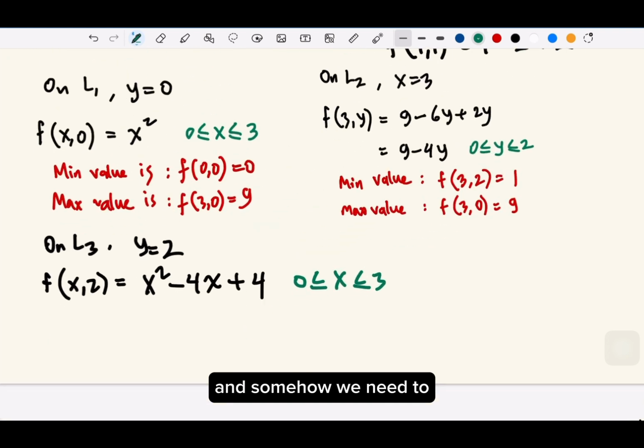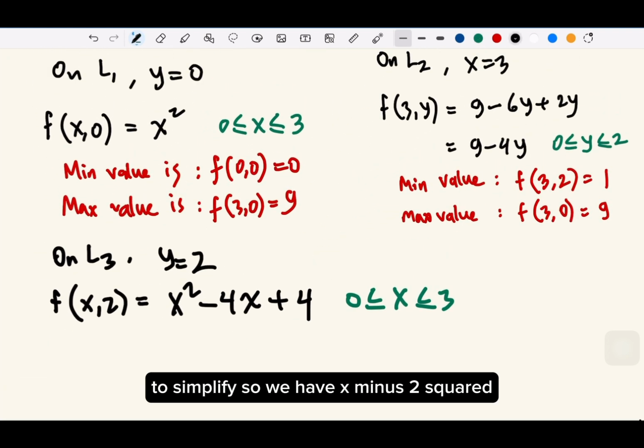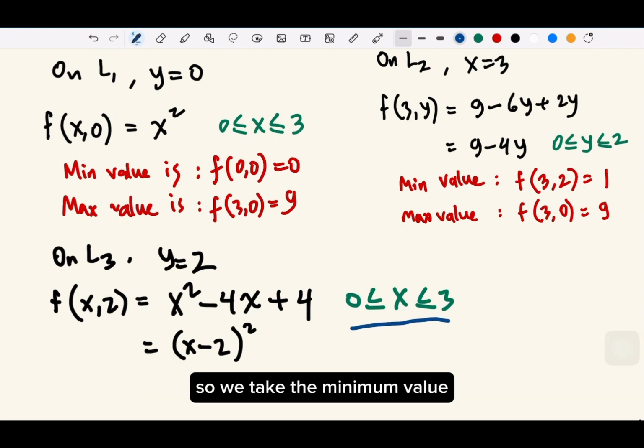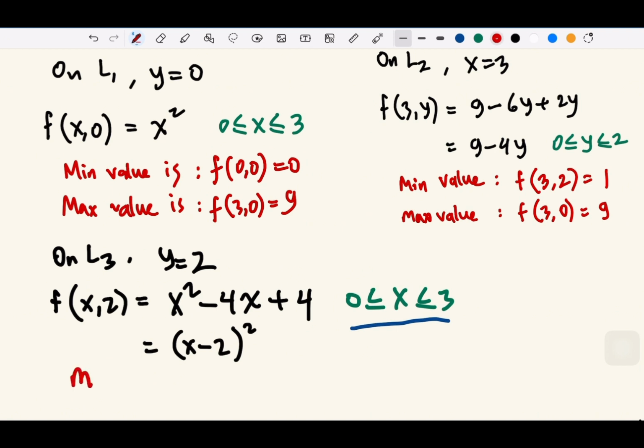And somehow we need to simplify it. So we have (x minus 2) squared, which we can see that we have x equal 2 from this part to make it 0, or we can just try using the interval. Okay, so we take the minimum value.